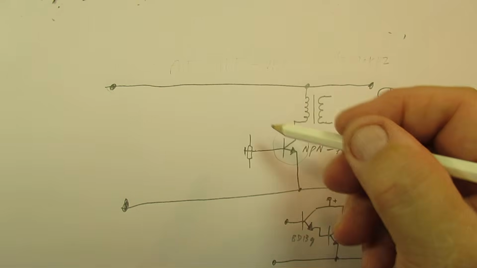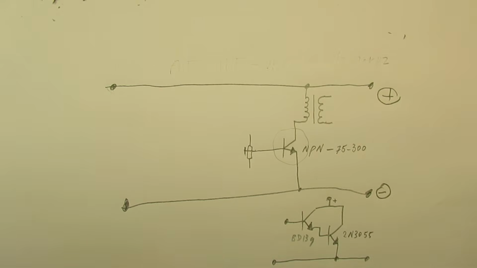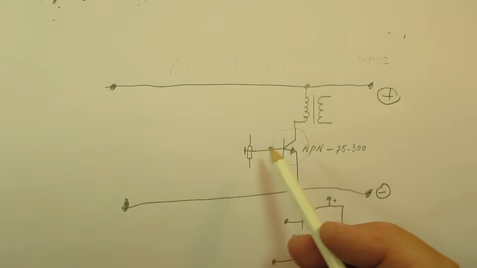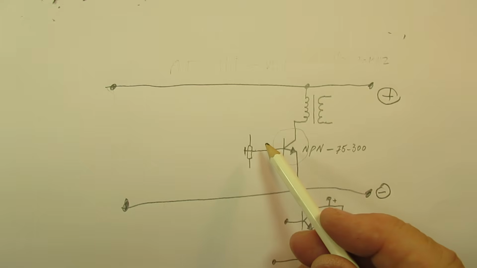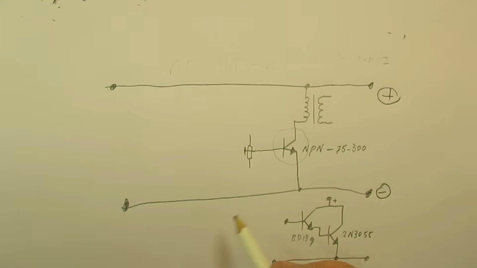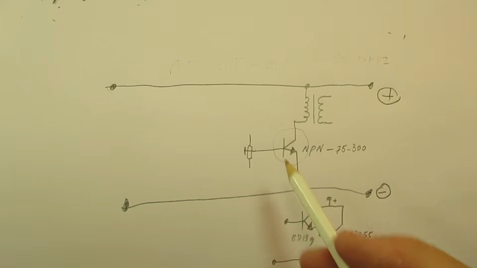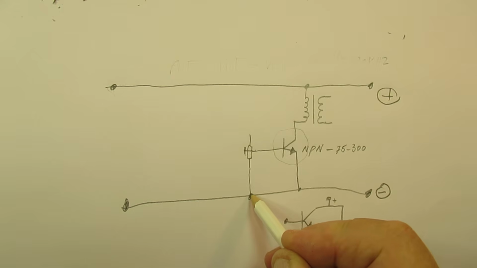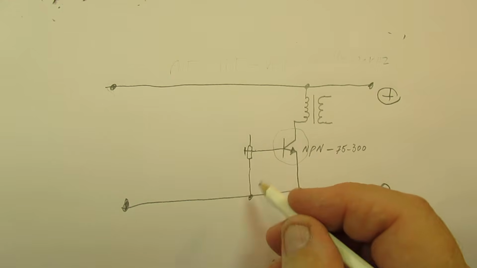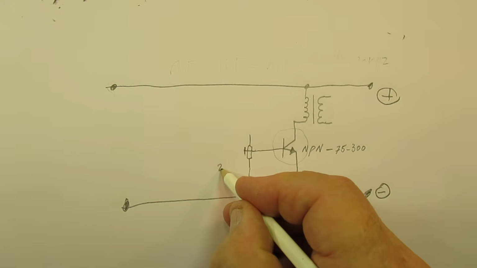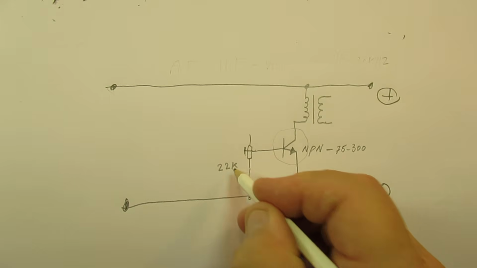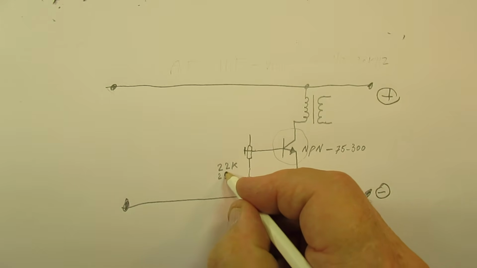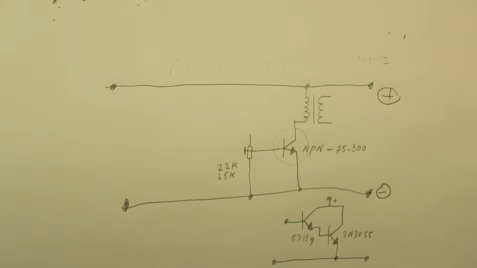Well, the most important thing, like I told, is the bias. And the first important idea, and not only an idea, but it is practice. Connect here the potentiometer to the minus. The potmeter must be in the order of 22K up to 25K kilo ohm.